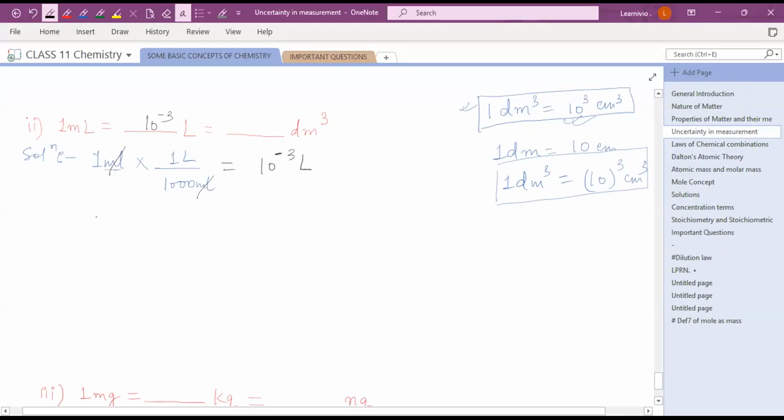Now see, 1 milliliter is equals to 1 centimeter cube. Just remember that. In 1 milliliter, how many centimeter cubes are there? 1 centimeter cube. So we can take 1 milliliter as 1 centimeter cube also.